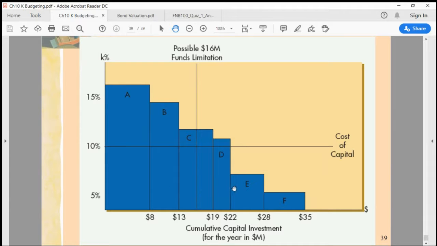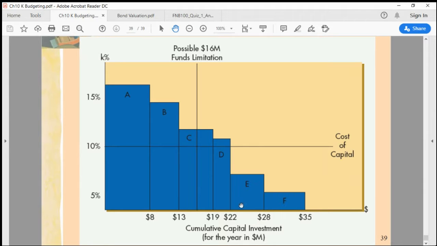So if you stack them up in descending order of internal rate of return, you can select projects A and B because they more than meet the cost of capital, and C and D also meet the cost of capital.